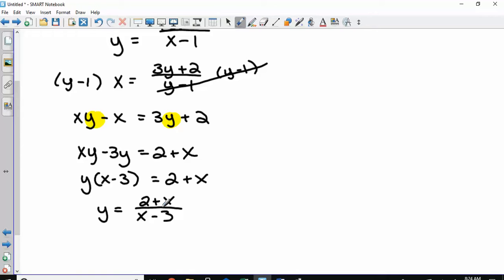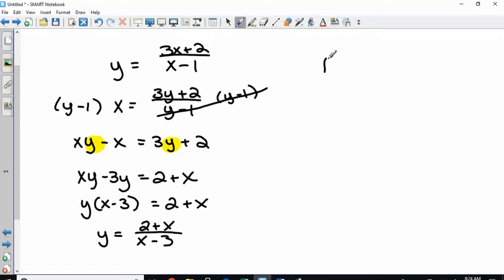Alright, so final step here, instead of y, we did change it to f inverse, so we would say f inverse of x equals 2 plus x over x minus 3.